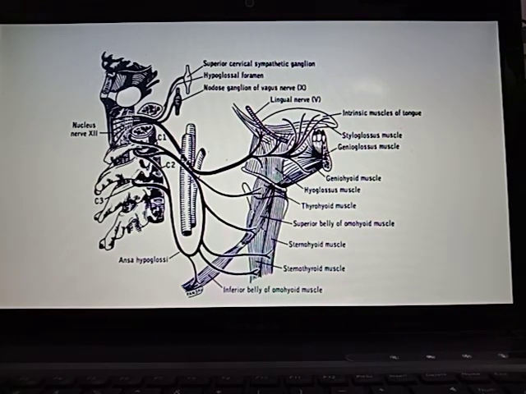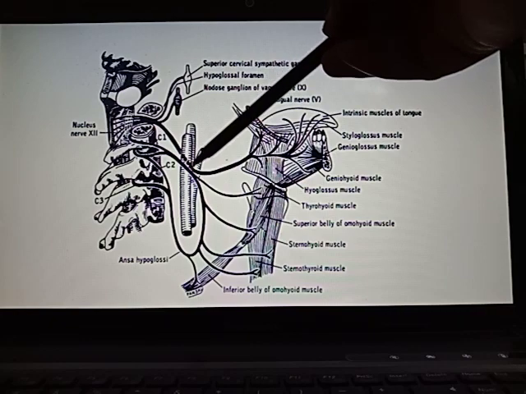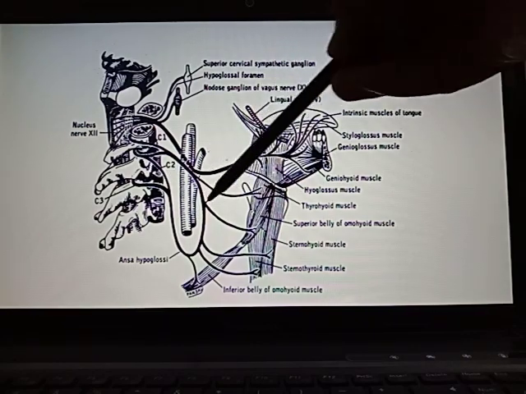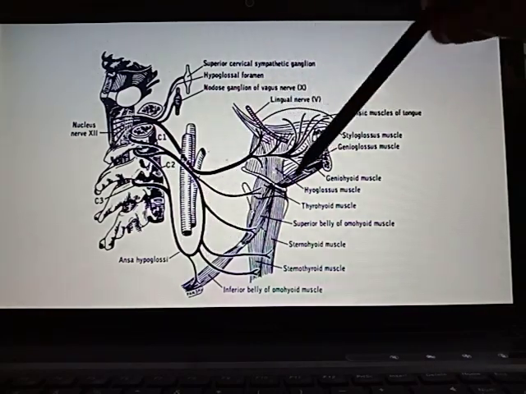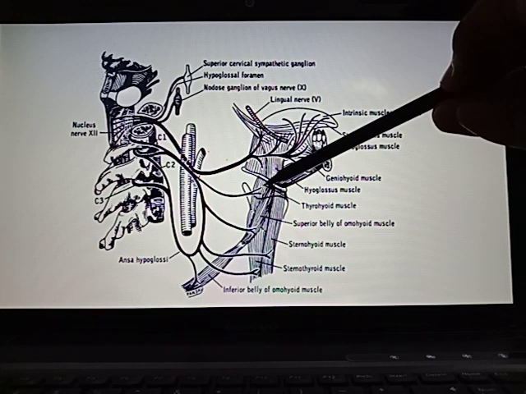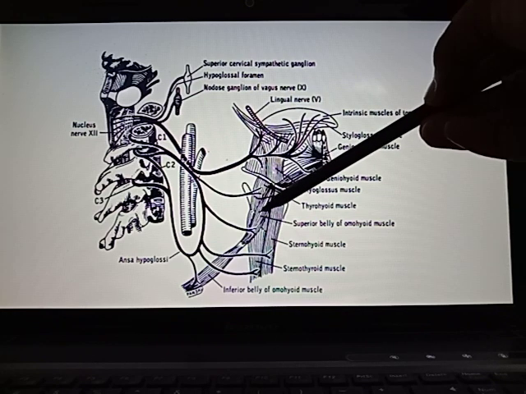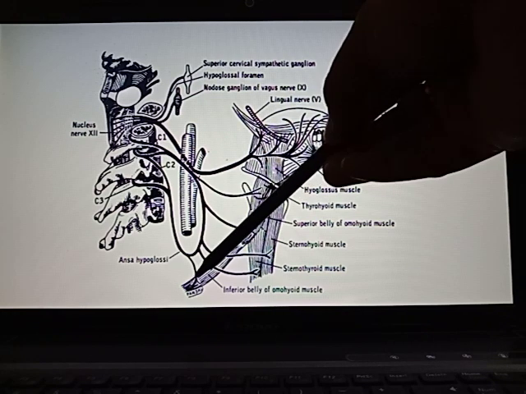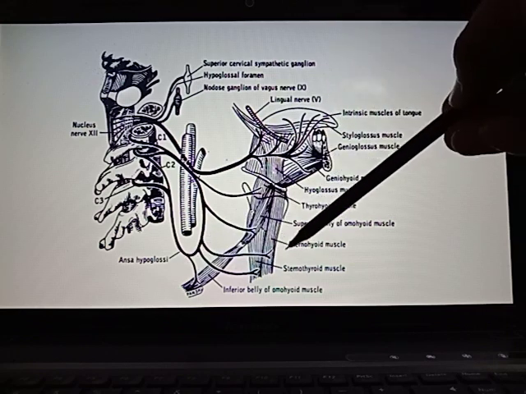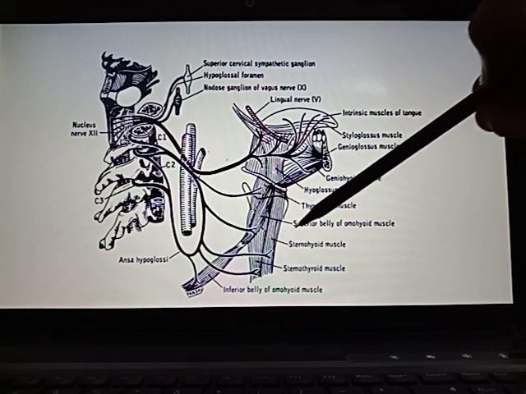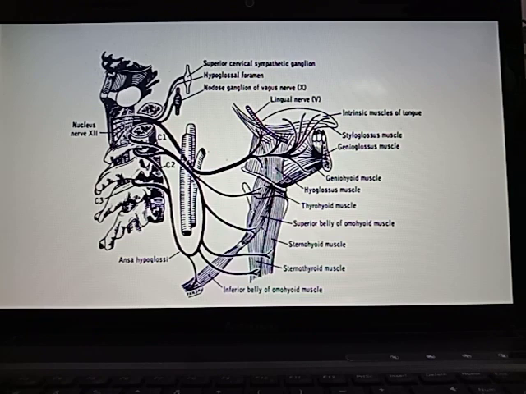Okay. And from C1 and C2, it supplies all the muscles in this region. This is the thyrohyoid muscle, superior belly of the omohyoid, and the inferior belly of the omohyoid also supplied by this, sternothyroid, sternohyoid, and all these muscles are supplied by this ansa cervicalis. And this ansa cervicalis is very important to remember for examination.